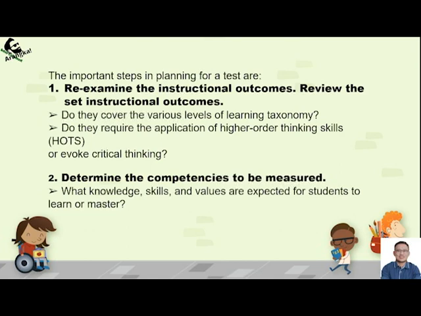So in this part of the planning phase, while re-examining the instructional outcomes, you have to ask those questions because the outcomes must cover the three domains or the levels of learning taxonomy. You have to check whether the outcomes are in accordance with the level of taxonomy, right?